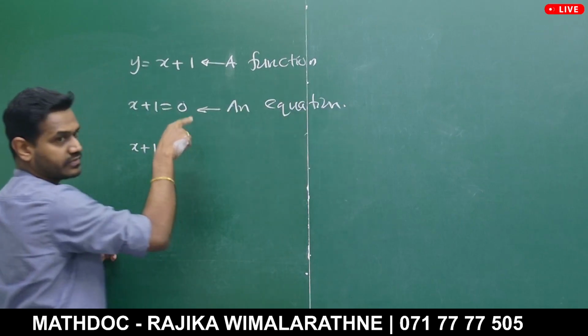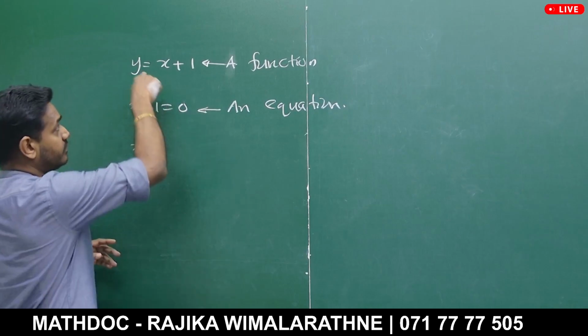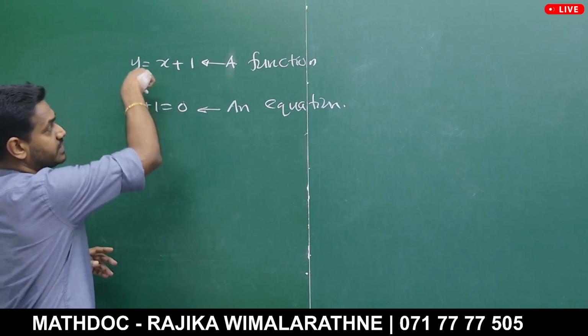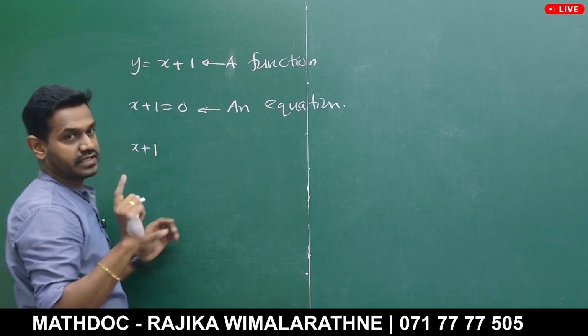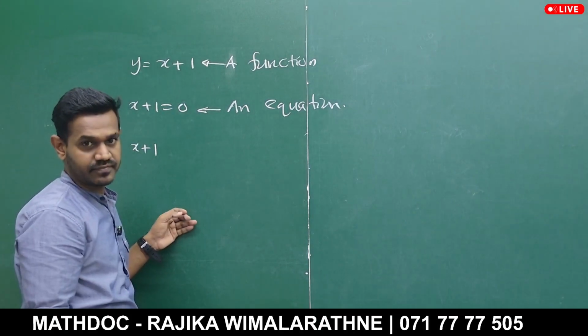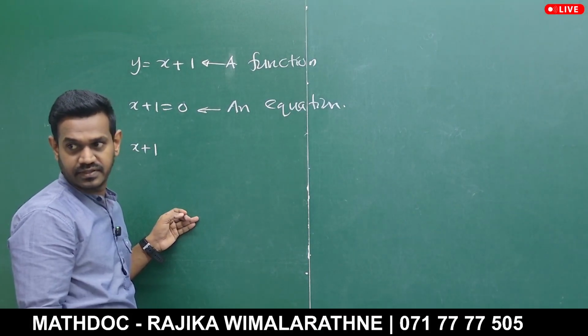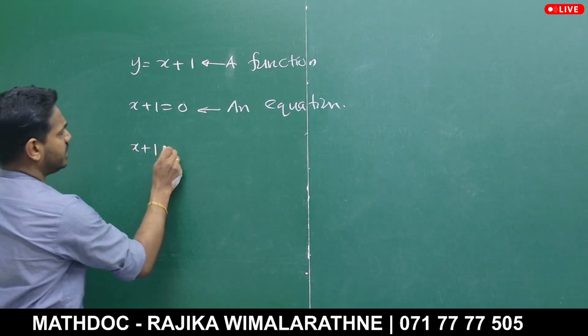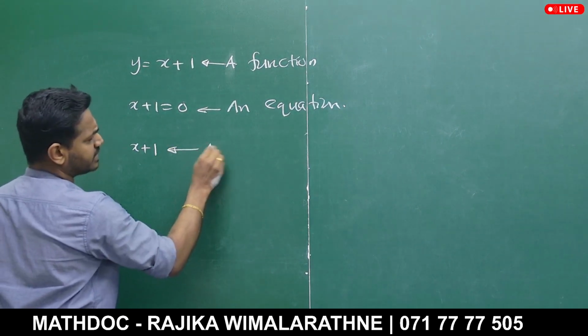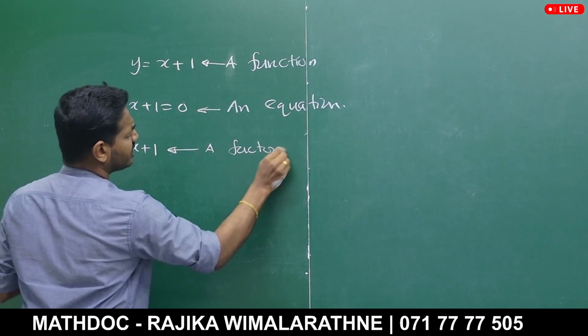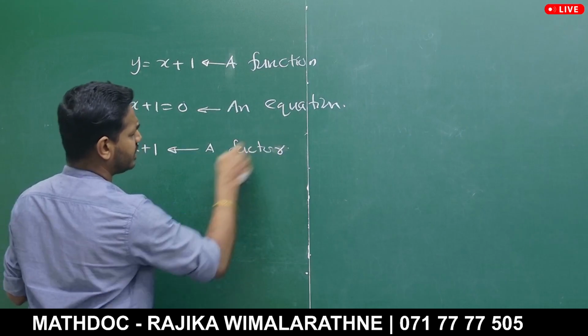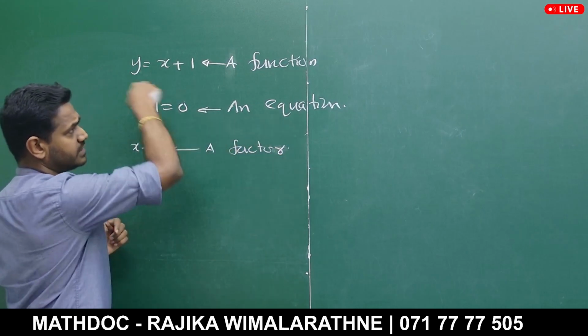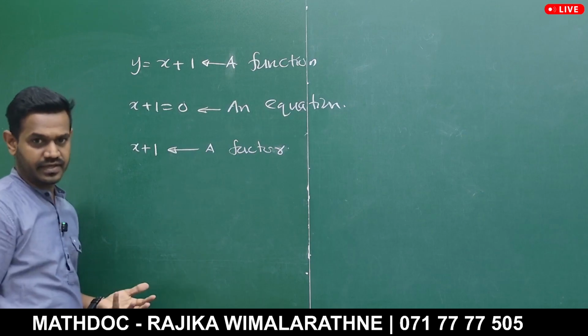When y is 0, we create an equation, and by the equation we think about x-intercepts. Here x plus 1, we say a factor. Likewise we can identify an equation and a function.